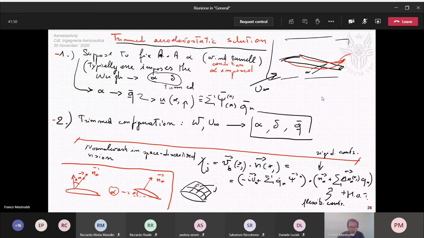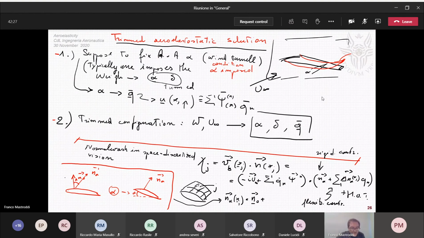Okay, so now we have to express the relationship between the rotated normal and the unrotated normal for the rigid body. In fact, we have that the rotated normal, indicated as N alpha in the xj panel, is equal to the unrotated one, n0, plus a contribution given by the rotation.